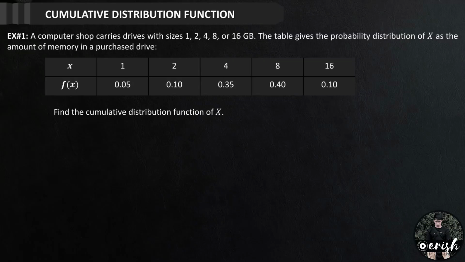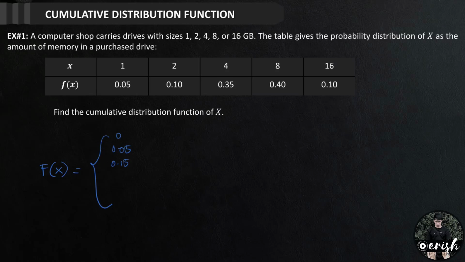So, now, i-create na natin yung cumulative distribution function based dun sa ginawa natin kanina. And to create a cumulative distribution function, or simply CDF na lang, F of x is equal to, ganito ang magiging format niyan. So, lalagay natin yung probabilities natin, cumulative, from 0 to 0.05 to 0.15.